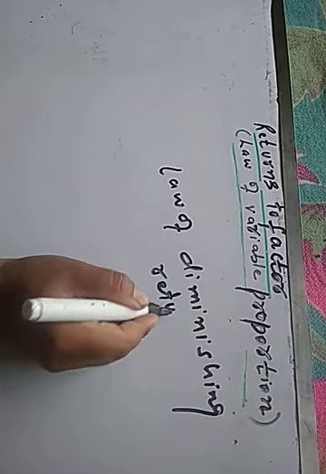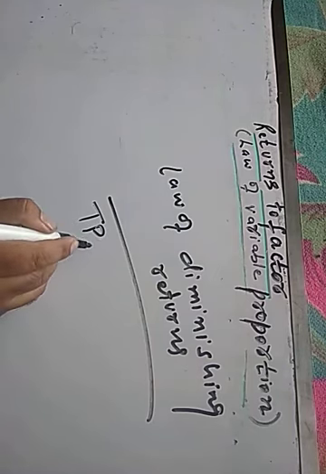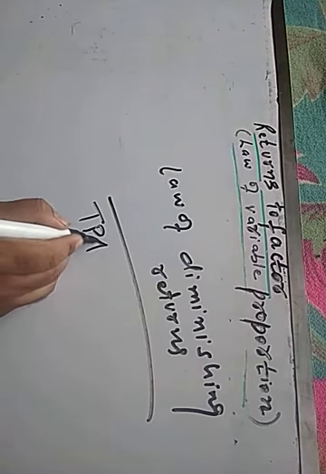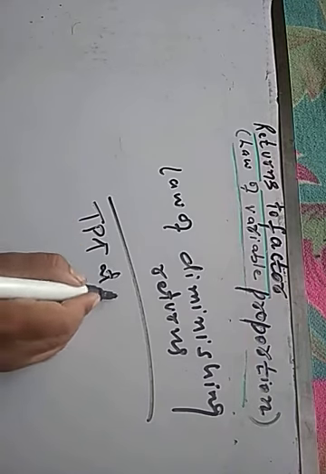Which states that when we add more and more of a variable factor to the fixed factor, the total product of a factor, TP is total product of a factor, initially increases. This arrow shows increase at an increasing rate.